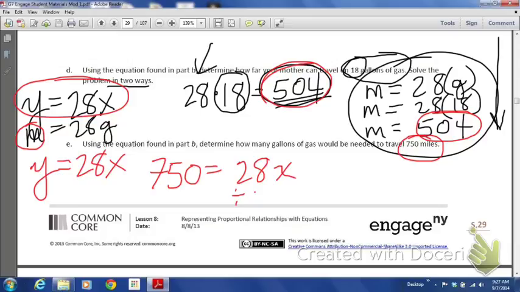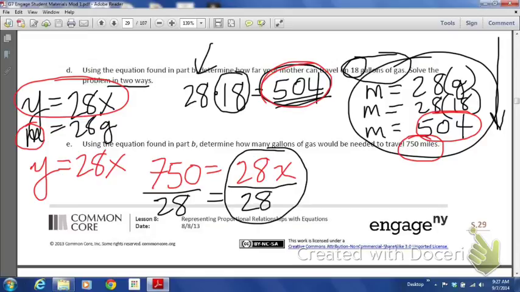Let me just do it this way with our division, because our division is actually a fraction. Let me change the color here too, so we know we're doing something different. We divide this side by 28, because what we're trying to do is isolate this x value, to create just one single x.